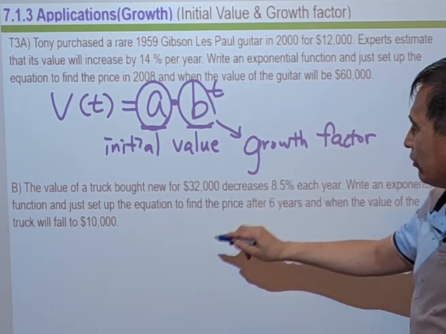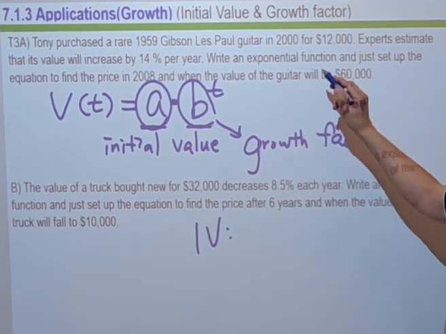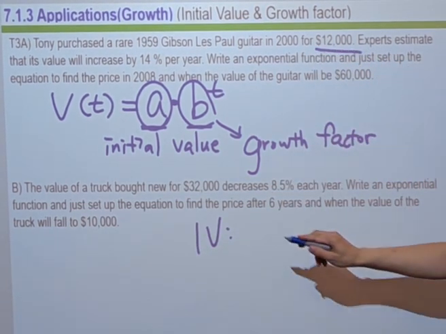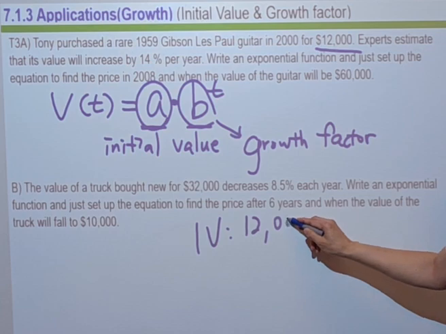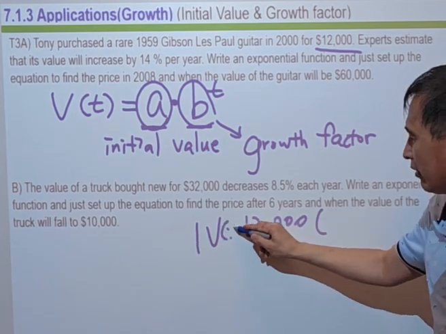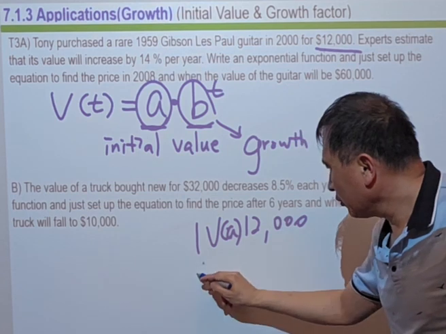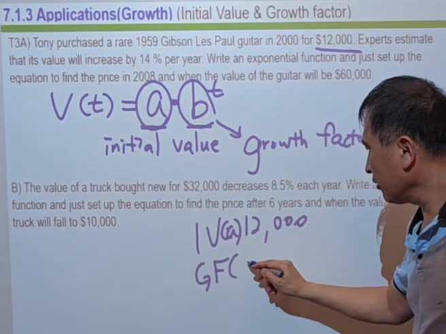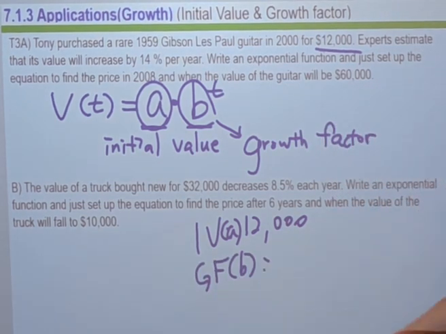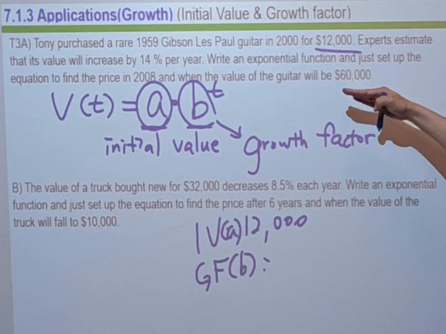The initial value is always the original value, which here is 12,000. That's a. Initial value a is 12,000. And the growth factor is b, but you need to find it from the increasing or decreasing percent.